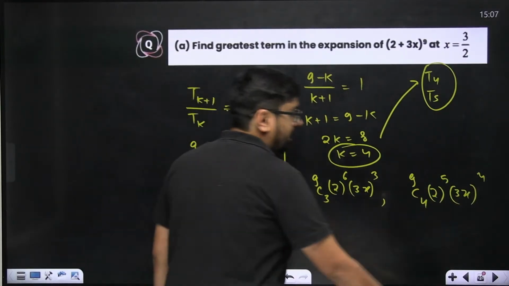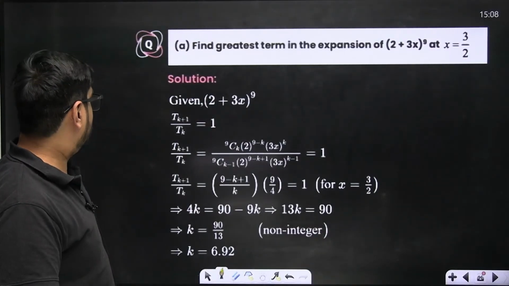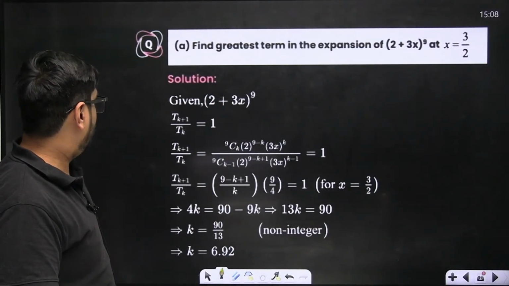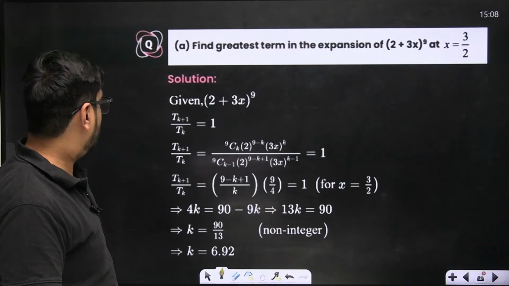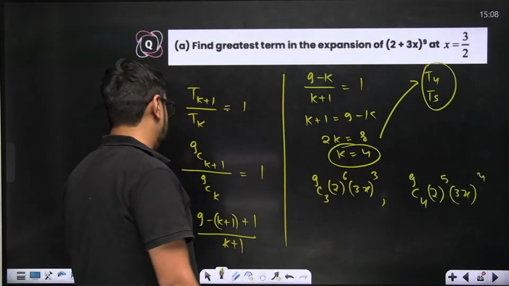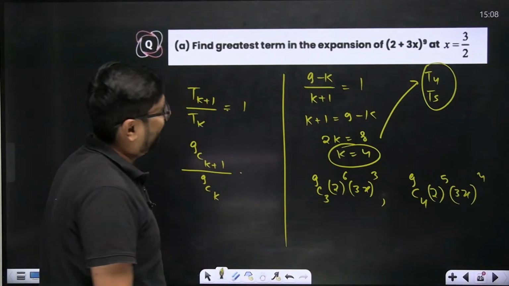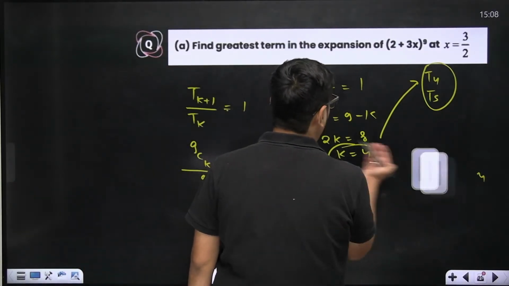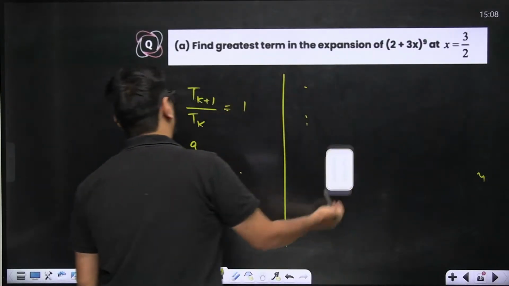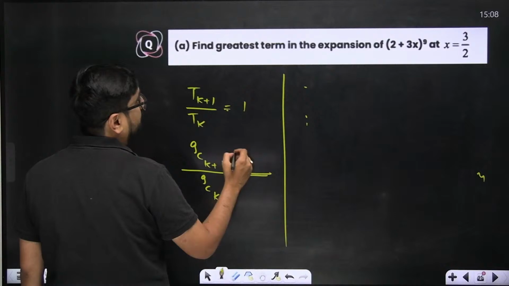Both will be the... we solved wrong here. Sorry, my bad. We solved only coefficients for tk plus 1. Tk means term, so there is something else also multiplied over here, no?